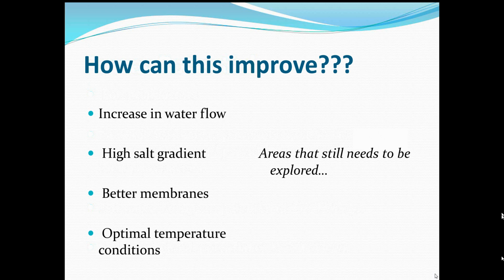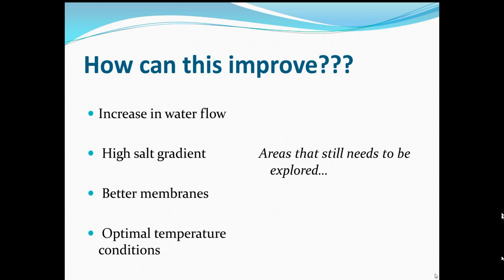The first thing that we can do is increase the water flow. We can increase the flow of water both at the seawater side as well as the freshwater side, so that there is a continuous flow of water which can generate more electricity. The next thing is a high salt gradient, because if there is a higher salt gradient, then the movement of water molecules from the freshwater side to the saltwater side through the semi-permeable membrane would be high.